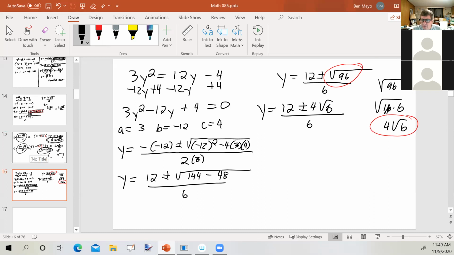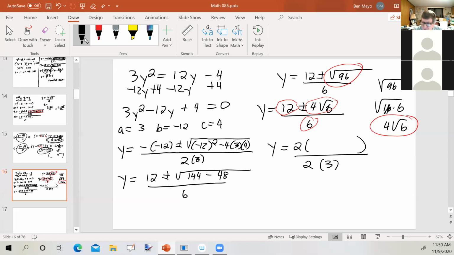Okay, now looking at my answers so far, and I look at all 3 pieces, I can see that all of those have a common factor of a 2. Right? So what I'm going to do is factor a 2 out of the numerator, and factor a 2 out of the denominator so that I can reduce this whole thing down.